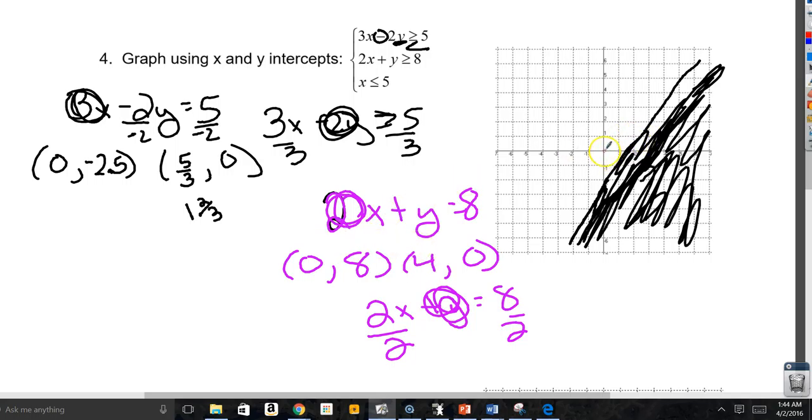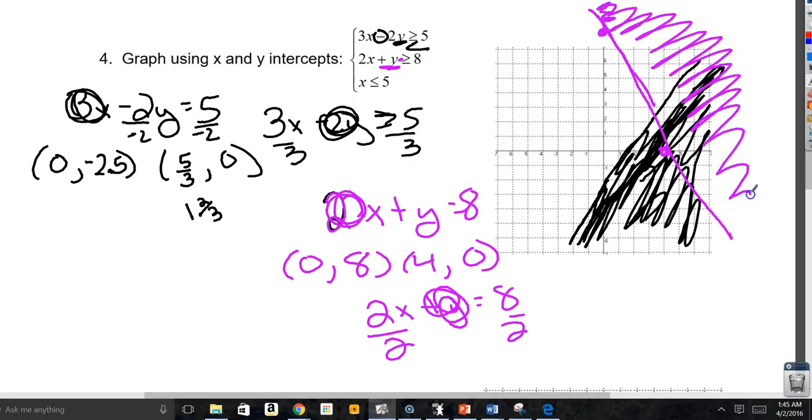So 0, 8, 6, 7, 8, about right here. And 4, 0, 1, 2, 3, 4. It's a solid line. And this says y is positive, so y is greater than. So here's y, here's greater, so it's this side of the line.